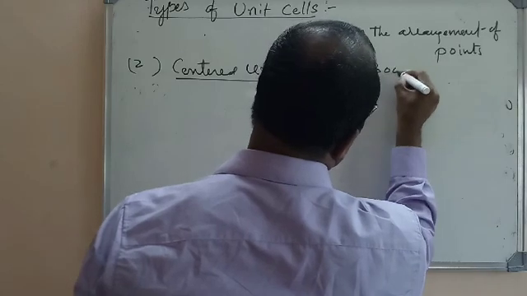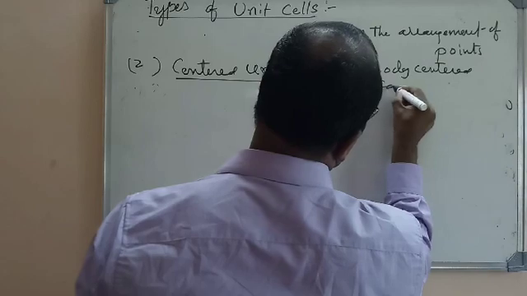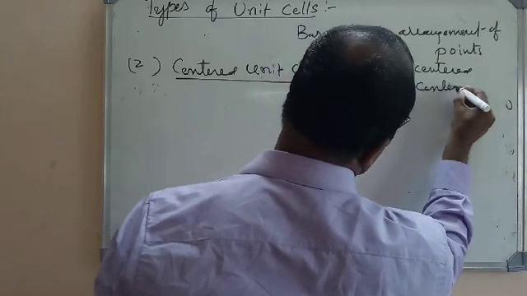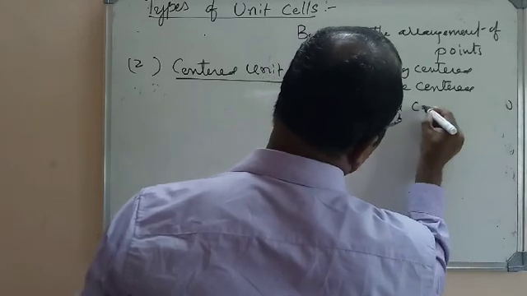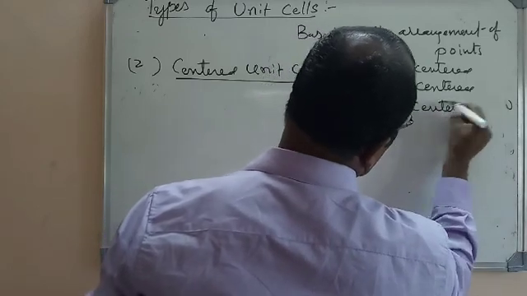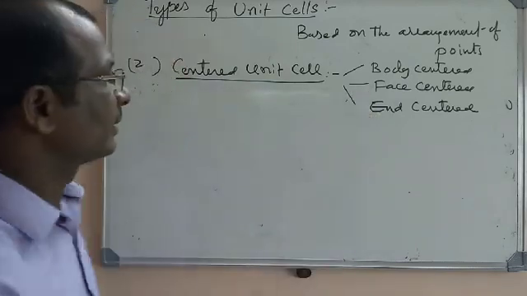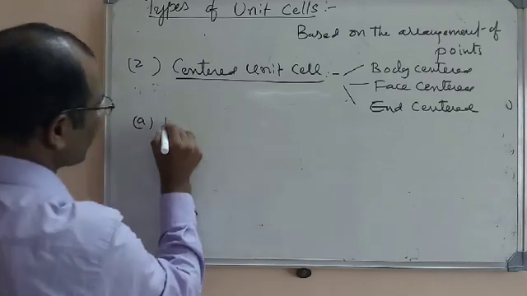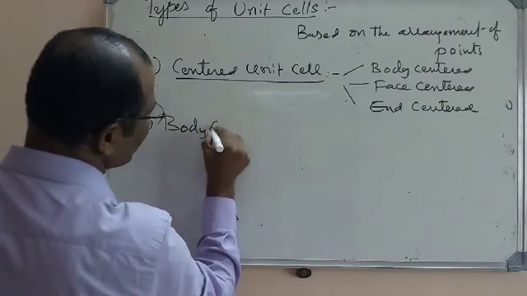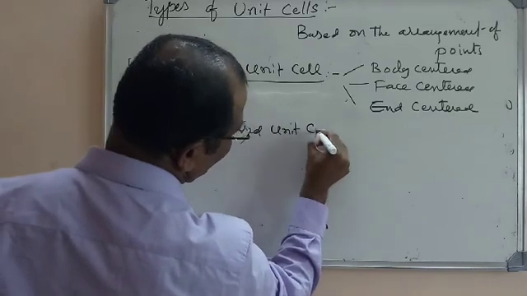The first one is body centered. Second one is, as I said, face centered. And third one is end centered. So altogether 3 centered unit cells are there. Now let me go for the first centered unit cell, that is body centered unit cell.